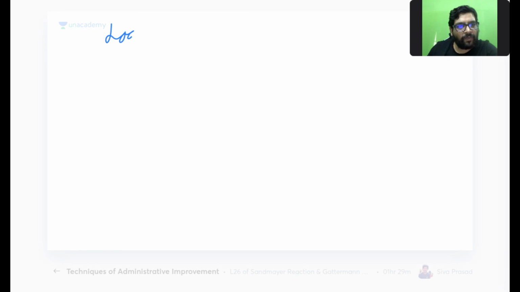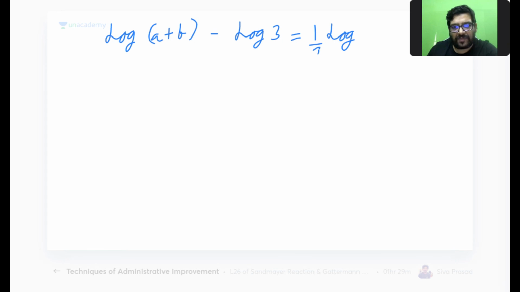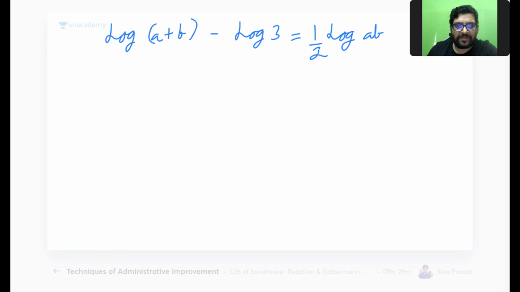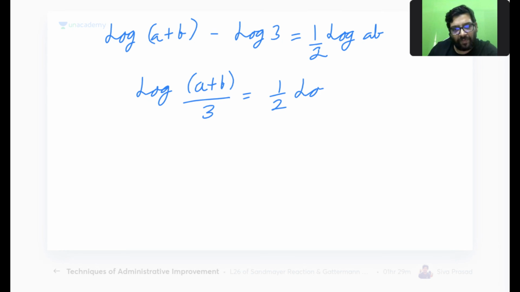which means log of (a plus b) minus log 3 is equal to half log ab, which means log of (a plus b) by 3 is equal to half log ab.